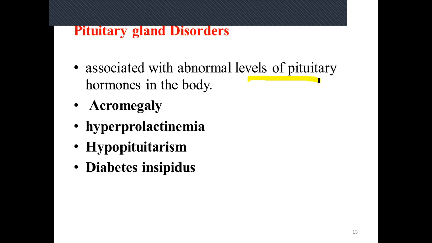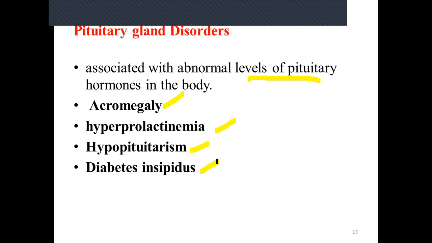I picked four of the most common pituitary gland disorders: acromegaly, hyperprolactinemia, excessive level of prolactin, then hypopituitarism, and diabetes insipidus.